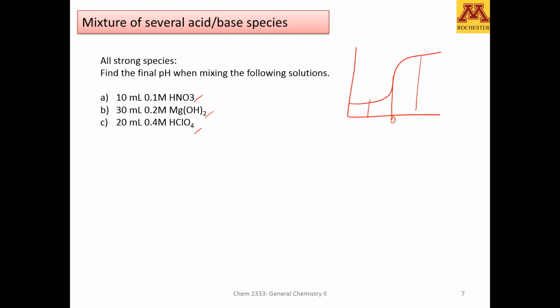Well, as overwhelming as that may be, notice that all of these are strong. So nitric acid is a strong acid, magnesium hydroxide is a strong base, perchloric acid is a strong acid. So the overall reaction that you will have here is just the acid and hydroxide to give, well, in this case it's just water.